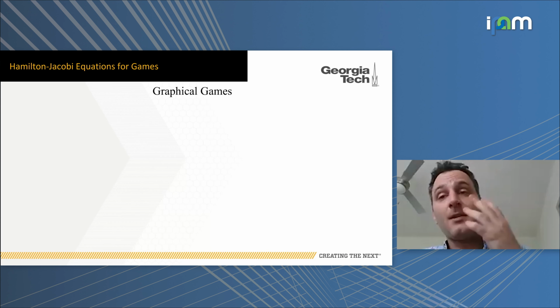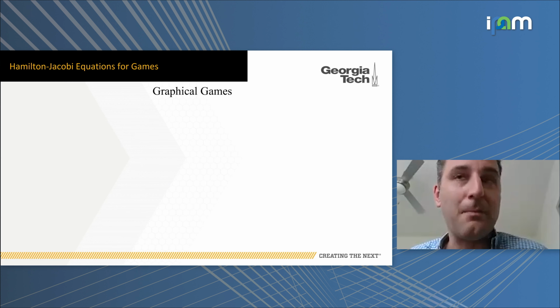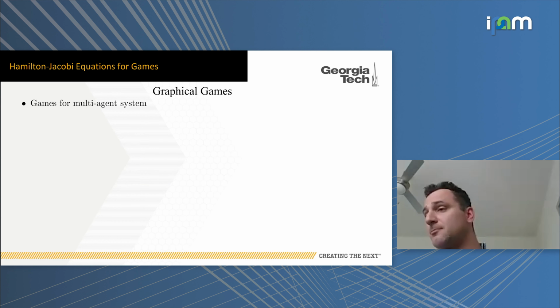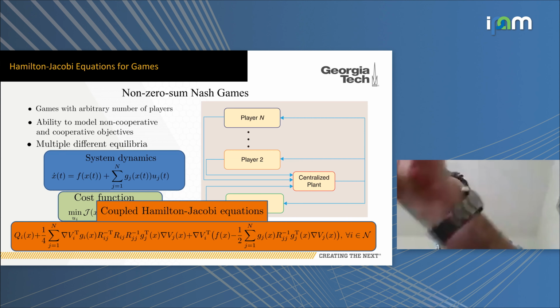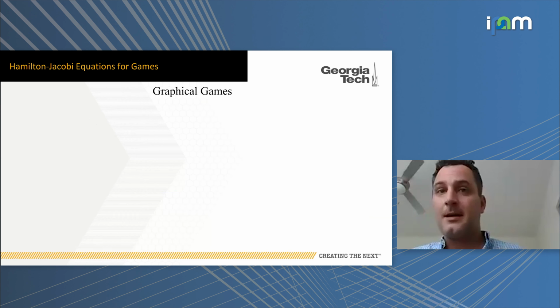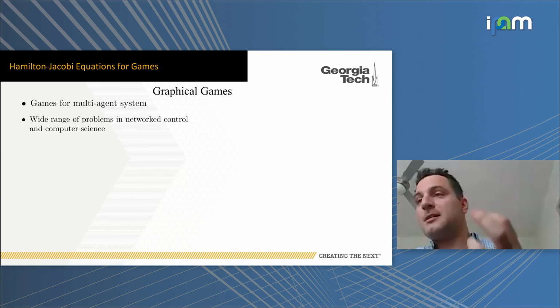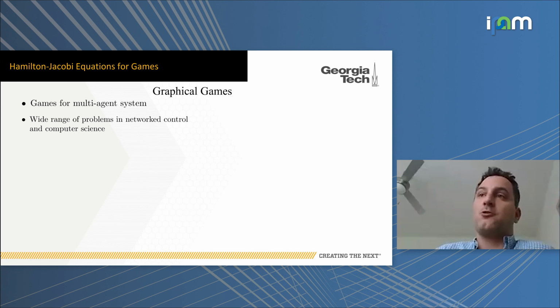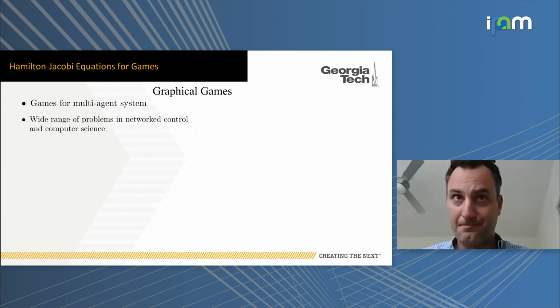Another thing that I want you to think about when I formulate this problem is what happens when you have interactions of agents in a graph. What you see here is centralized, but what happens when you have interactions in a graph? Since we also want to work on distributed control problems with optimal performance, this is very useful for us.